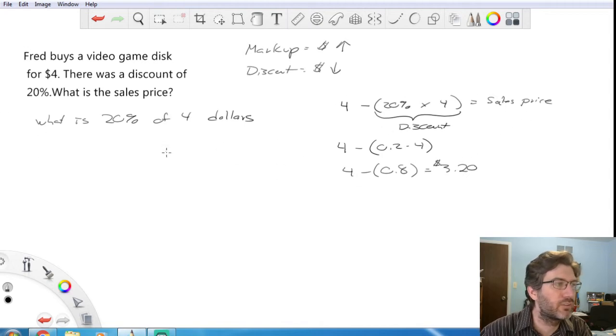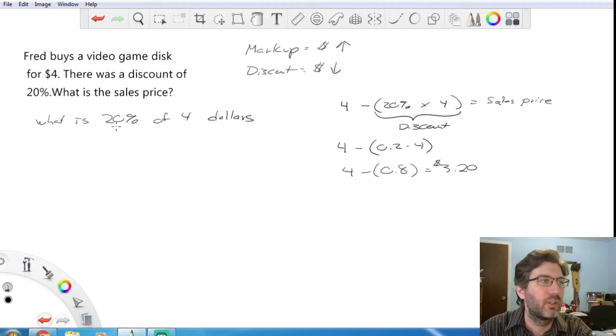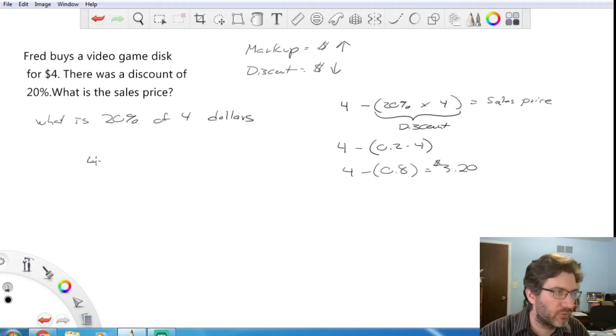The other way to do it is to actually look at your percent and play with your percent first, if you're going for sales price. Because if you recall, I really don't care how much money I'm saving, like this 80 cents. But I can get my percent by taking 100% minus 20%.